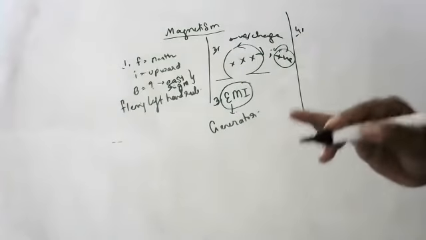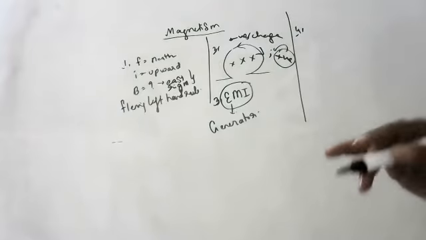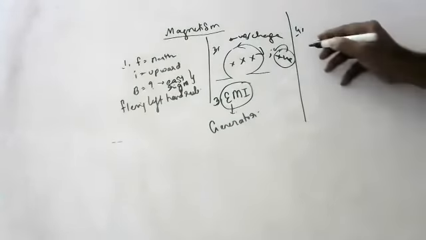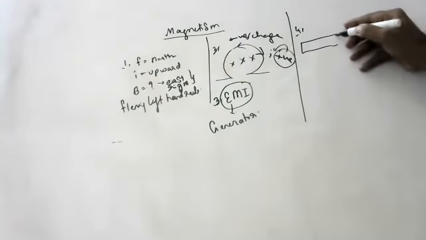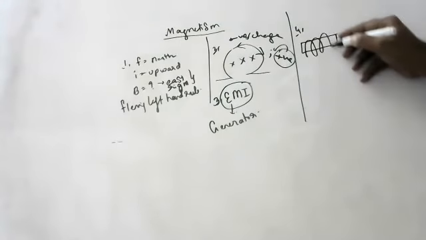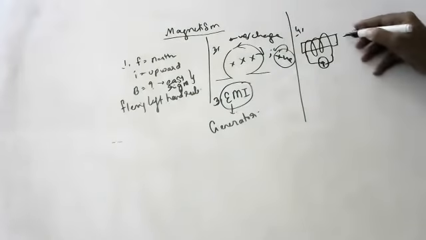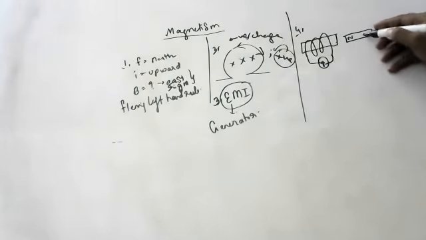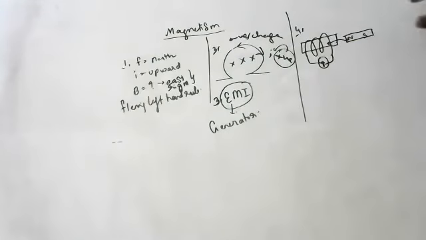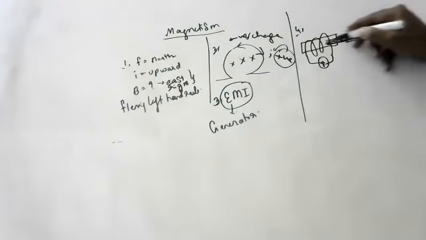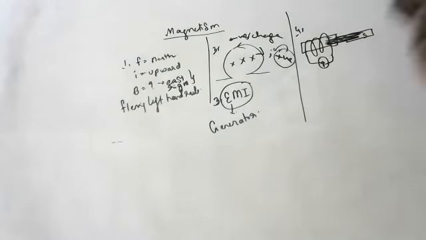Suppose a coil is placed in a changing magnetic field and the circuit is not closed. Changing magnetic field means the field is coming, going, coming, going.